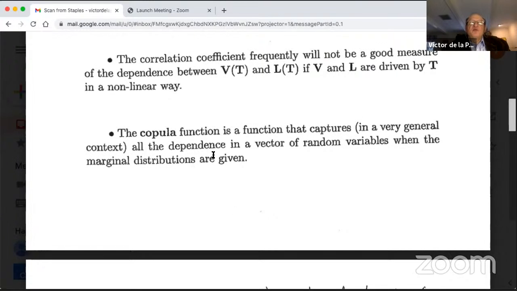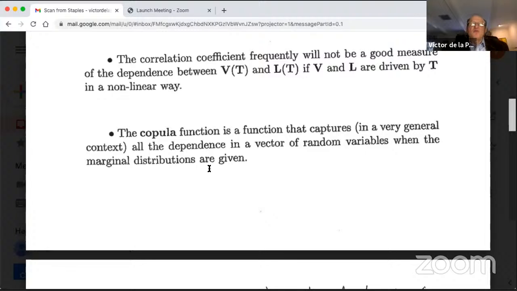The copula function is a function that captures, in a very general context, all the dependence in a vector of random variables when the marginal distributions are given. So here we have a joint distribution function. Now I'm telling you that there's a second function that captures all the dependence.